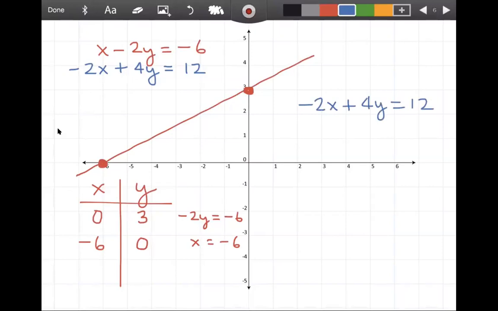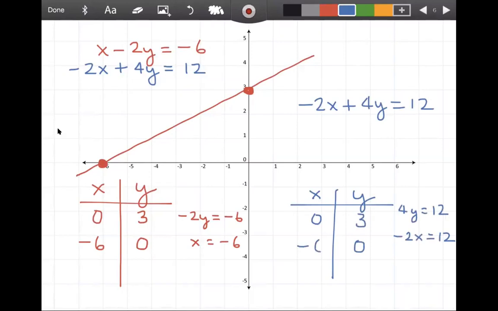If I do that one using intercepts, when x is 0, I get 4y equals 12, which means y equals 3. And when y is 0, I get negative 2x equals 12, which means x is -6. Well, that looks familiar. Same x-intercept, same y-intercept.